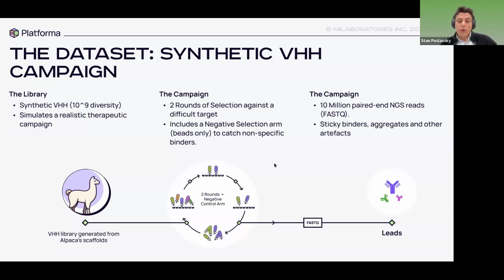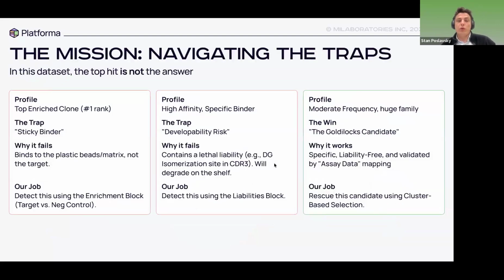It's MiXCR, so it's around 10 million reads in total, and the data has sticky binders, aggregates, and different artifacts. So what we'll have to do today to build our diversified and de-risked lead panel is to navigate through different traps. Like the trap that the top enriched clone may be just a sticky binder, or even if we're selecting the real specific binders, they may come with developability risks, and we will have to de-risk and filter early.